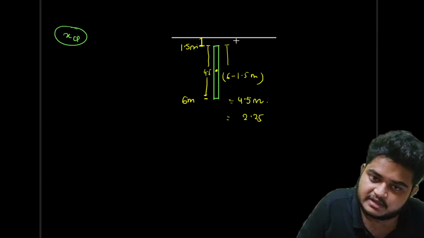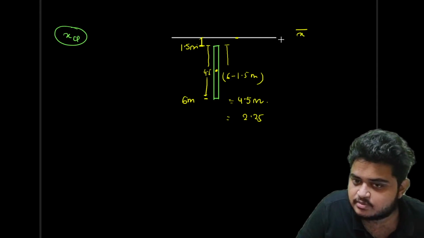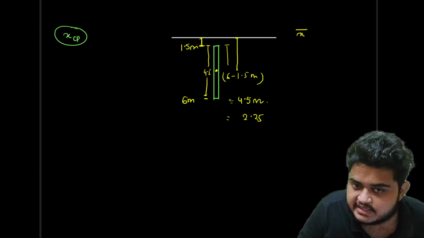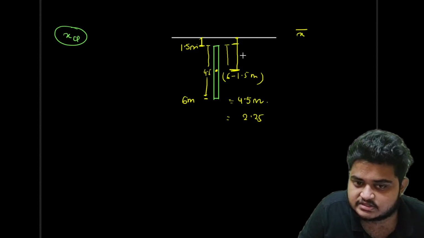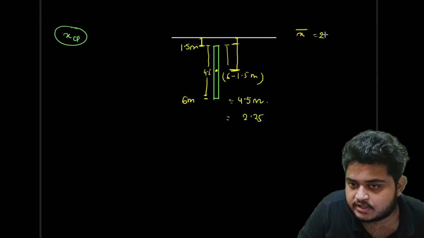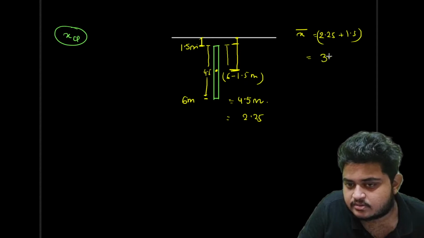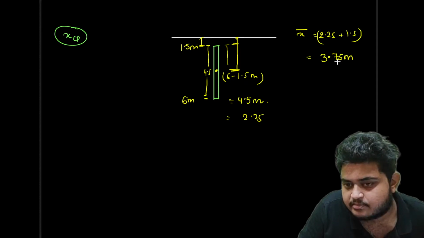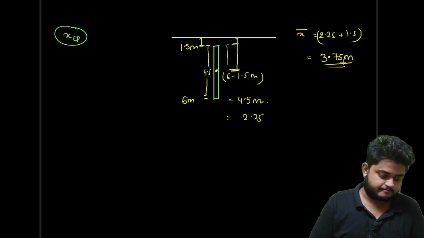But I have to calculate this from the top surface, so we basically need the x bar. Already this is 1.5 and this is 2.25, so it will be 2.25 meter plus 1.5 meter, and it will be coming out as 3.75 meter, and we have our x bar, right?